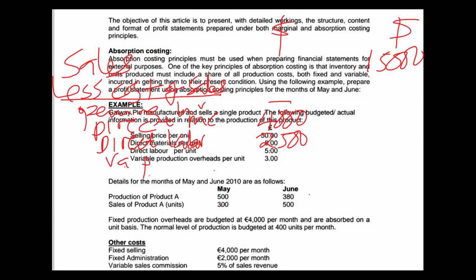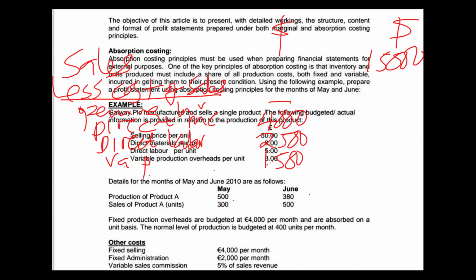The variable production overhead that we have in the question is 3 per unit, right? So 3 times the 500 units produced. What do you get? What is 3 times 500? Yes, 1,500.